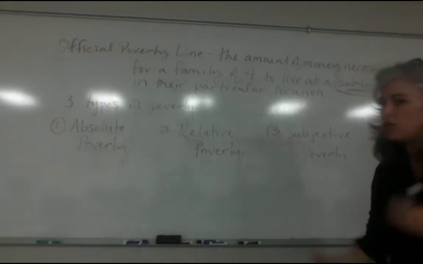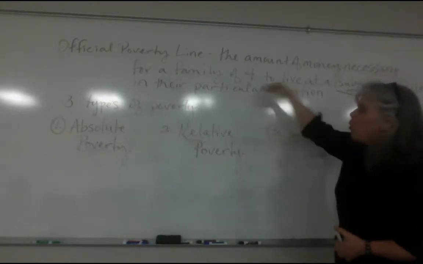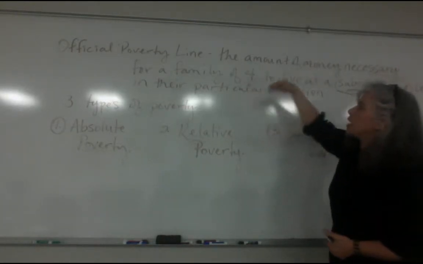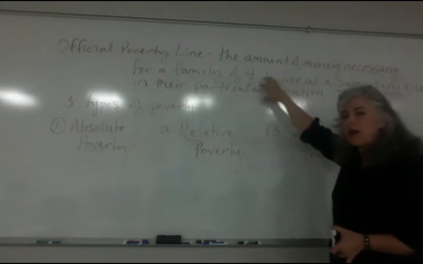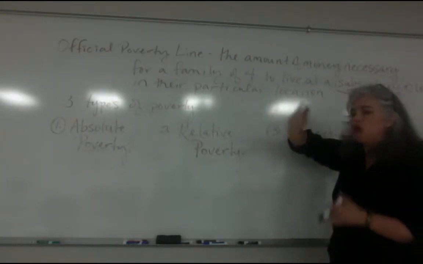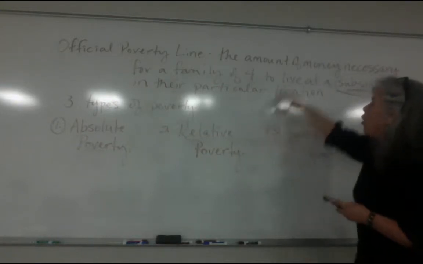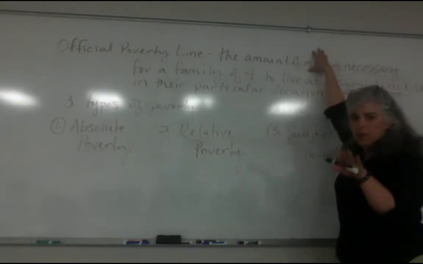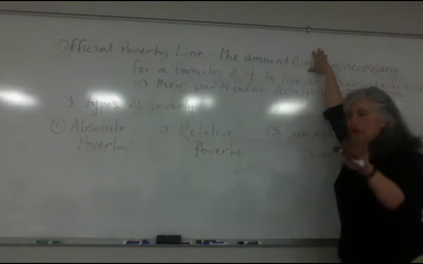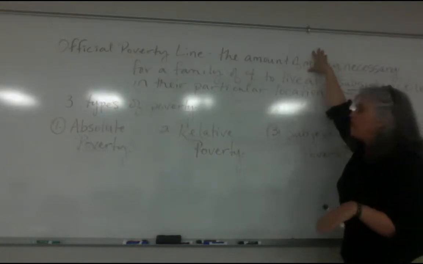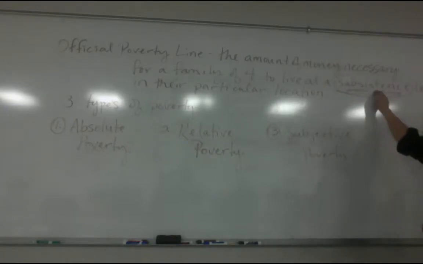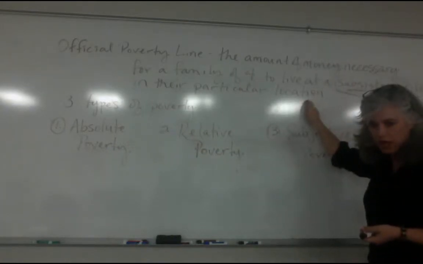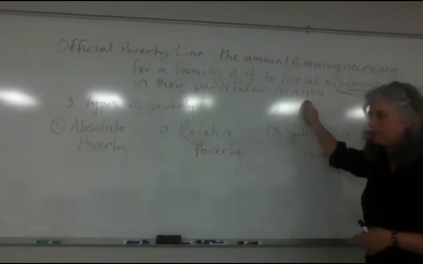In the United States, government officials regularly calculate prices and plug numbers into this long equation to calculate the minimum amount of money necessary for a family of a certain number of people to subsist in the area where they're located.